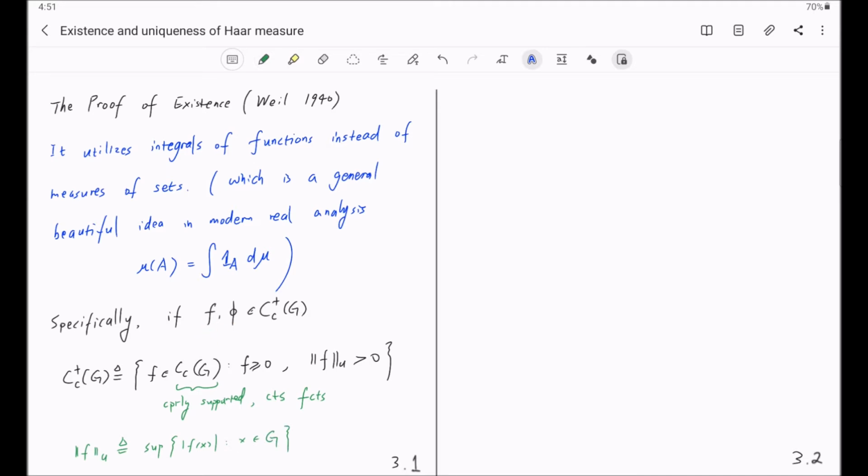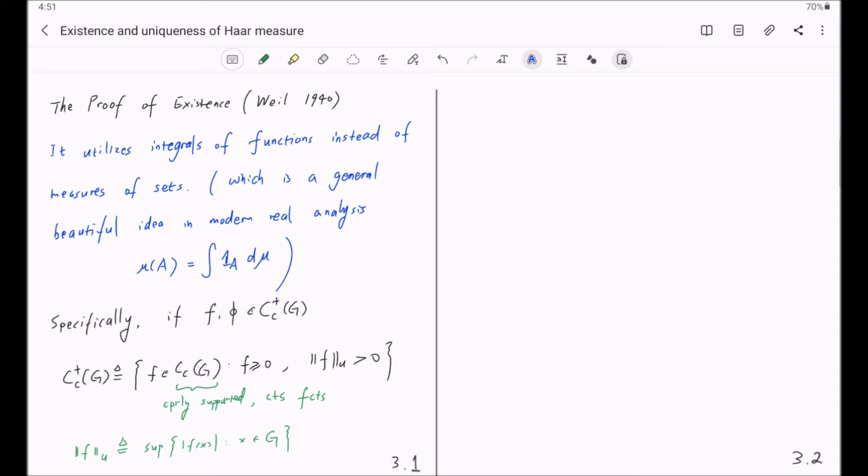For these two functions, maybe here we should not use the letter f again, but never mind. I guess you know what it means. We are just picking two arbitrary functions in C_c^+(G).